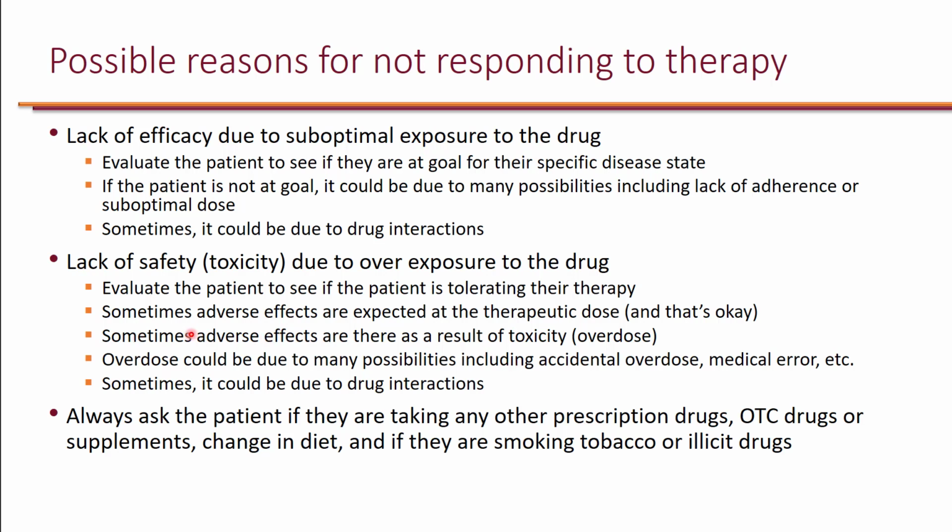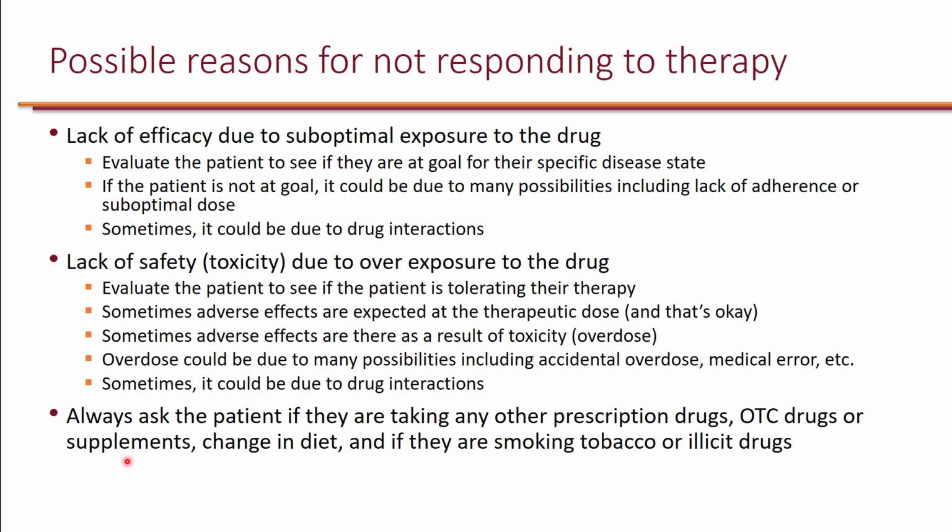First, you want to make sure that the patient didn't accidentally overdose, and that there wasn't a medical error that accidentally gave too high of a dose. And then once you look at all of that, you also want to make sure there's no drug-drug interaction. So you do the same thing. You want to ask them if there were any new prescriptions that you don't know about, any over-the-counter drugs, any herbal supplements, any changes in diet.